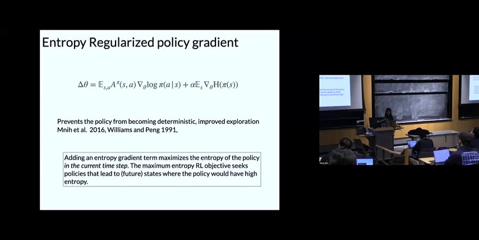So the maximum entropy reinforcement learning objective prefers policies that lead to future states where the policy would have high entropy. It doesn't say, oh, in that particular state, just make sure the entropy does not collapse. Okay? Do you see that or no? All right, let's go through the analysis and we'll see.